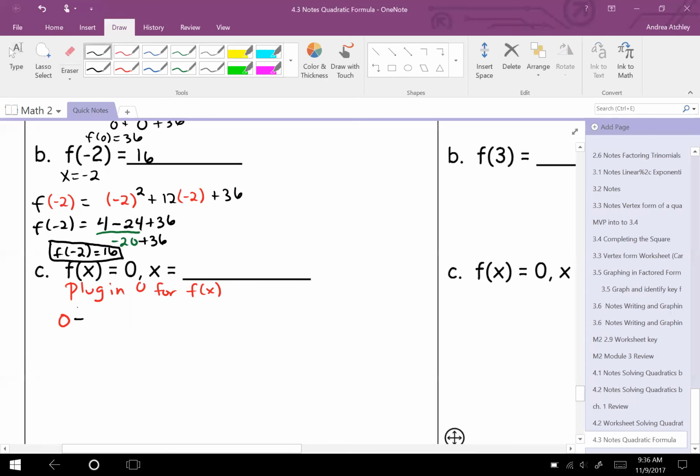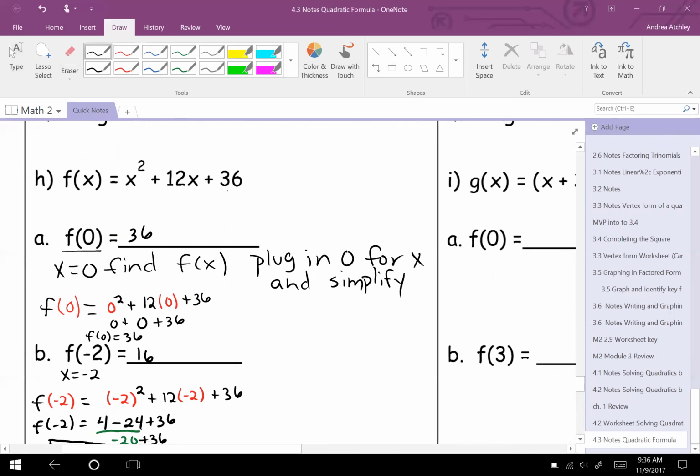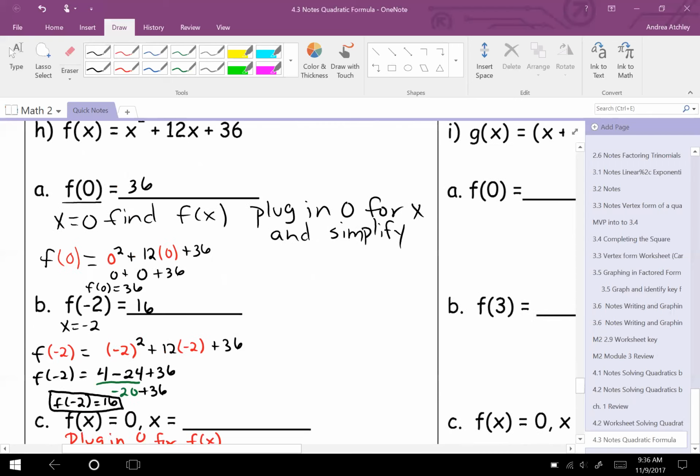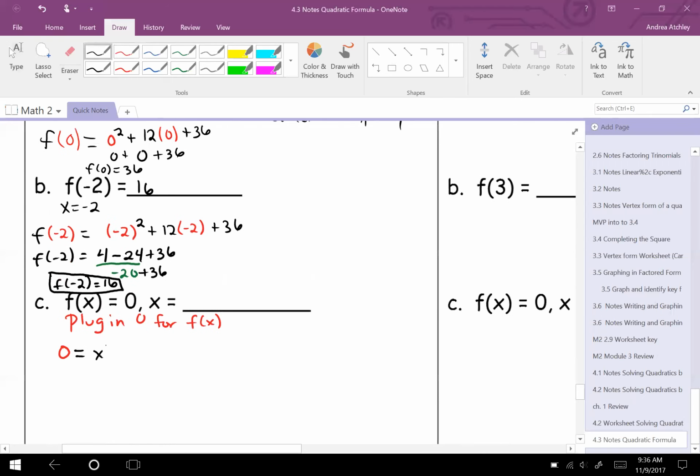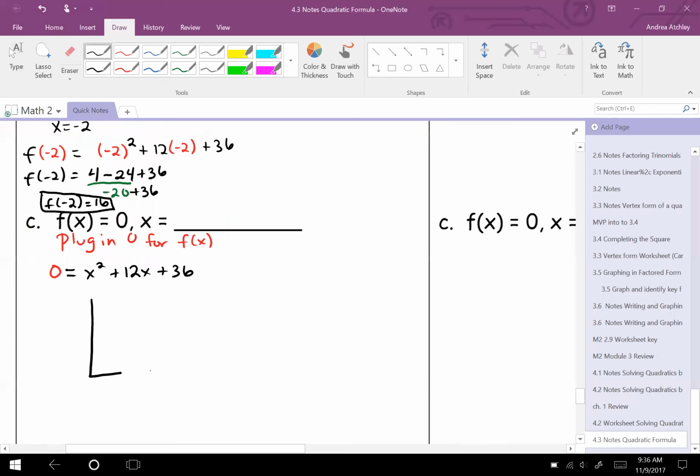So x equals the x squared plus 12x plus 36. Do you want to try and factor this, or do you want to try to use the quadratic formula? Let's try and factor this. Now, they won't always factor, but when they do, it's much easier.